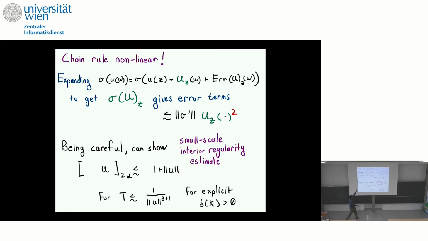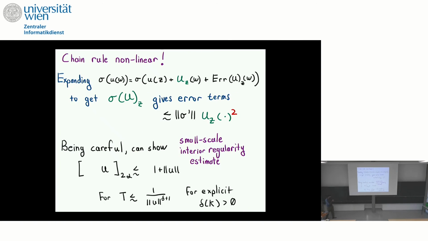So you can estimate the modulus of u in something that is linear, but on a time scale that actually depends on the size of u. Okay, so you can do the absorption that I showed before, but on potentially very short times that depend on the size of your solution.